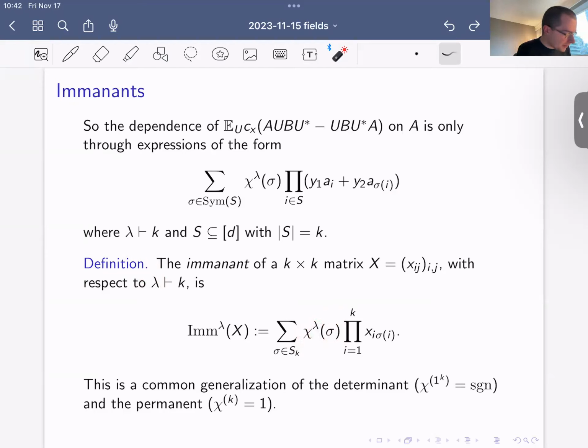And so this is a common generalization of both the determinant and the permanent. So the determinant is the case where lambda is the partition with one column, and then the permanent is the case where lambda only has one row.